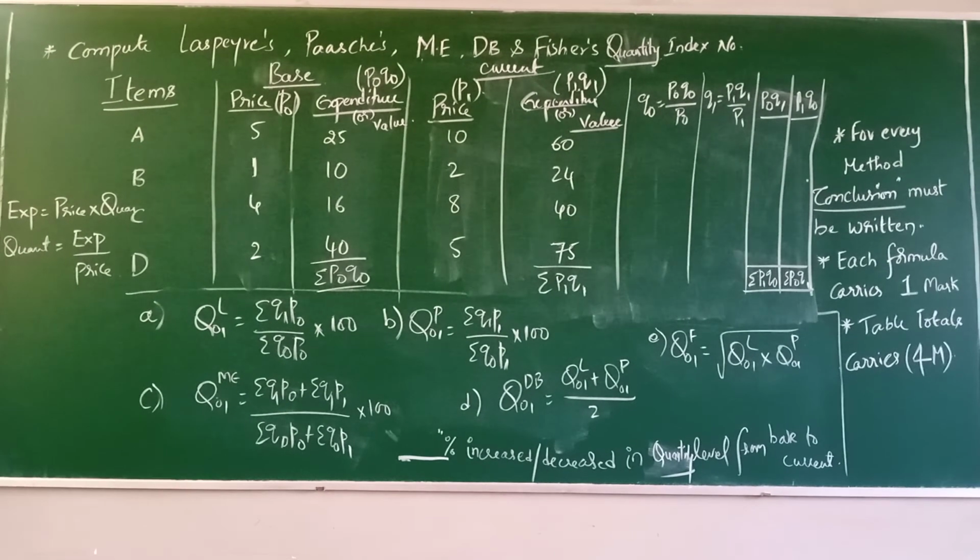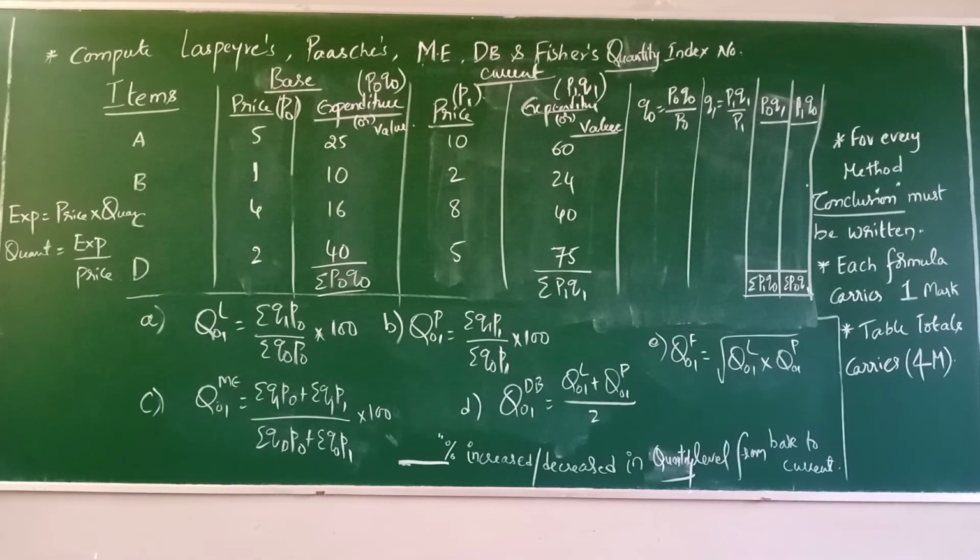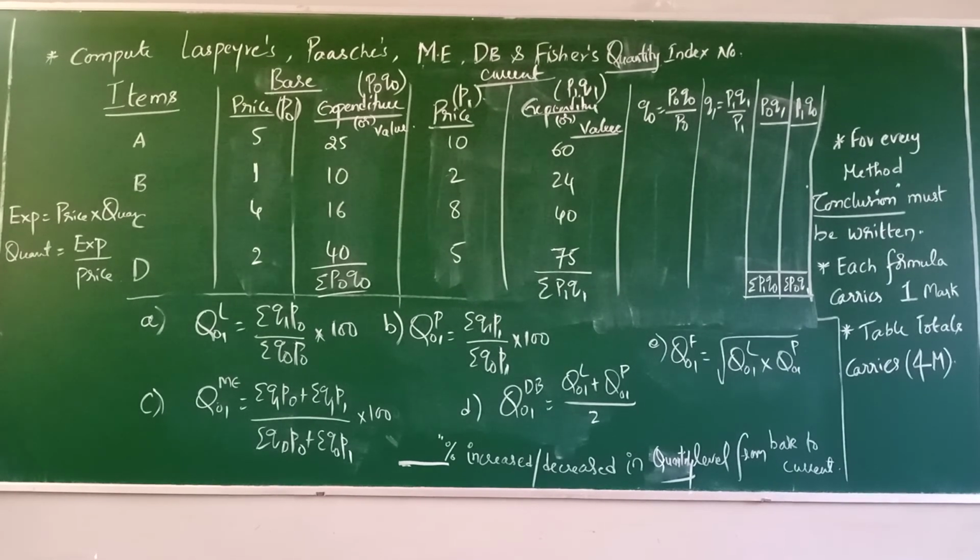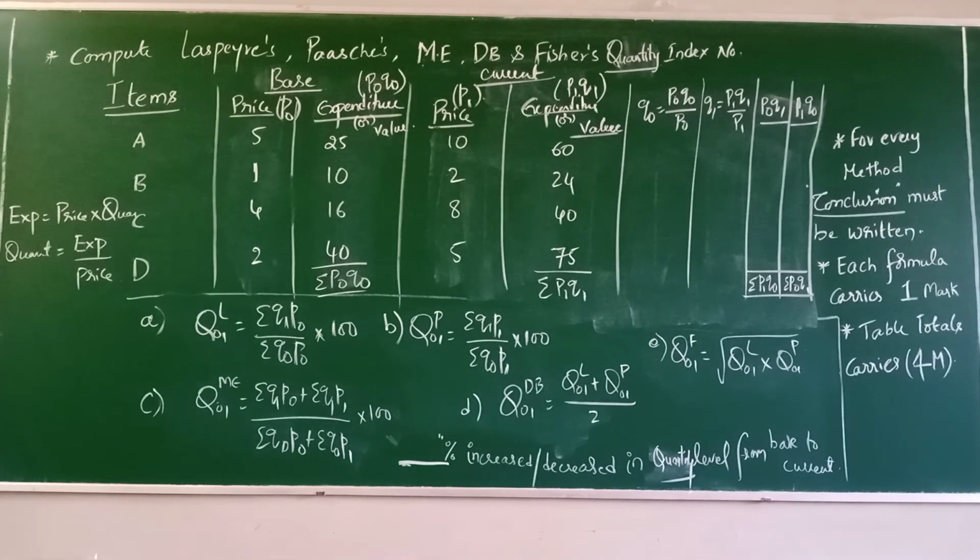So please remember, formula writing is a must, and each formula carries 1 mark. If you do not write any formula, again you will be losing 1 mark. You may not end up with complete marks. If it is for 10 marks, if you miss writing the formula, you may end up with 6 or 7 marks.